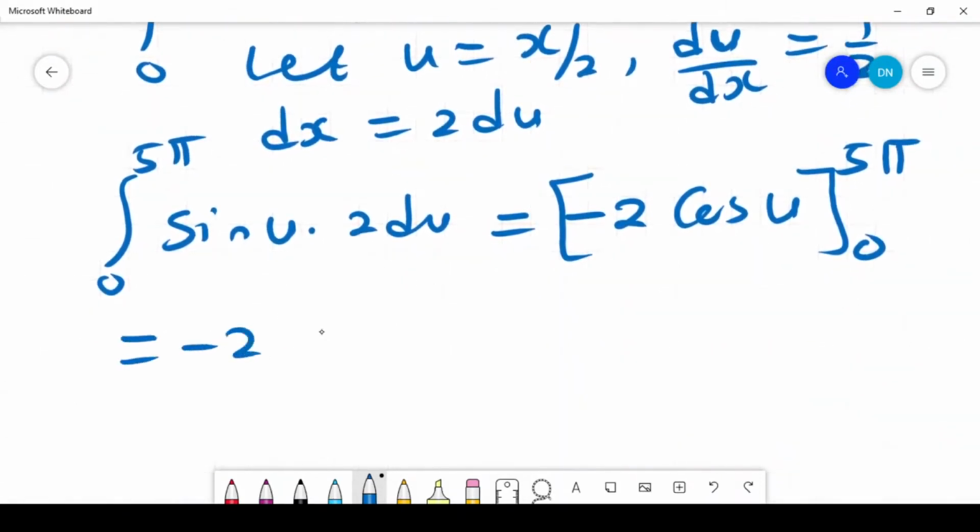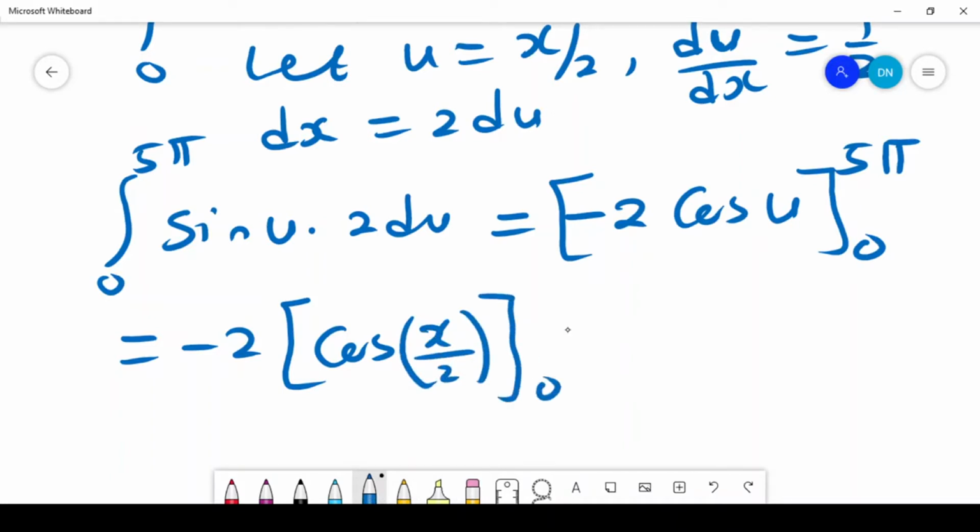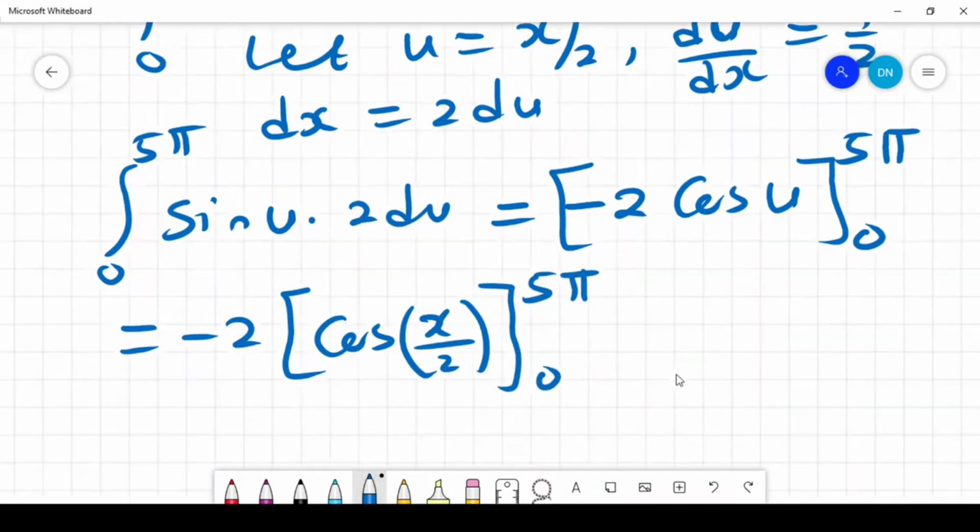It will be minus 2 cos of x, not pi, cos of x over 2, and it's 0 to 5 pi. And that will take me to another level.